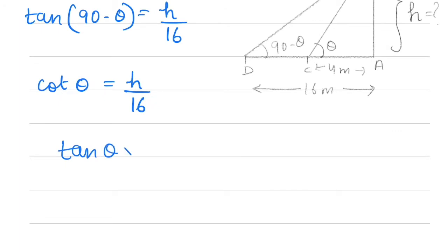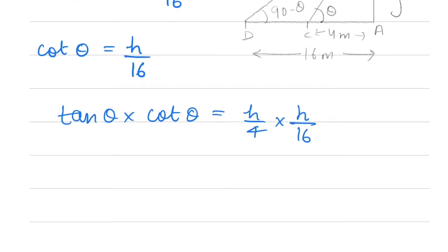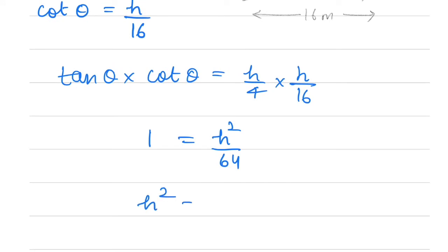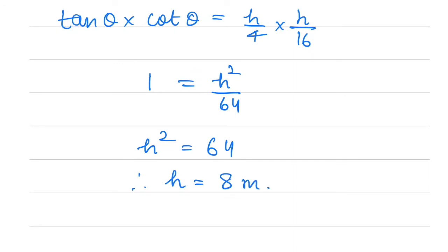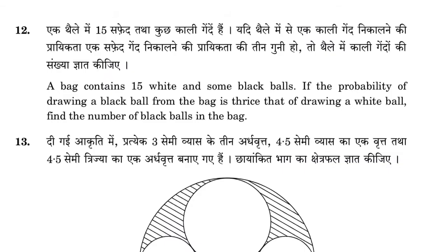Tan theta into cot theta is equal to h by 4 into h by 16. So tan theta into cot theta will be 1 is equal to h square by 64. So h square is equal to 64. Therefore, height is equal to 8 meter. That's the answer.